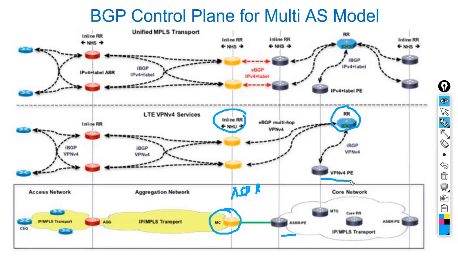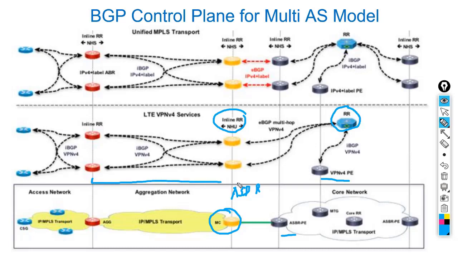So let's see how to advertise VPN prefix from one AS to another. The VPN prefix from the PE router in the core network is advertised to the RR router. The VPN prefix then will be advertised from the RR router to its EBGP neighbor, that is the metro core. Because this is an EBGP neighbor, by default the RR router will change the next hop to itself.